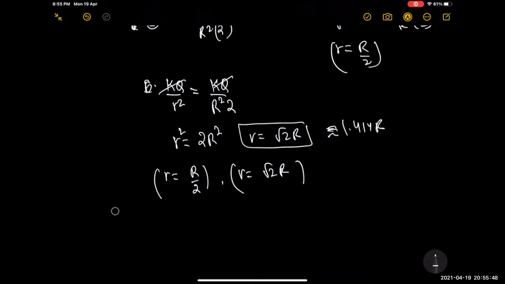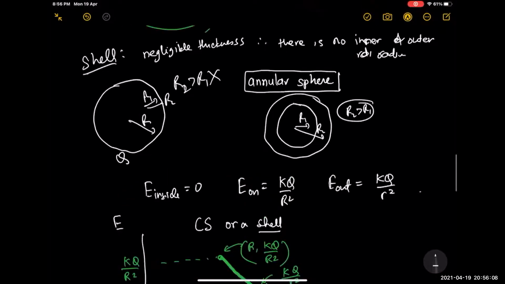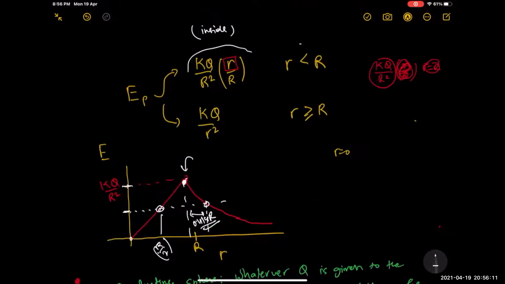Yes. Anyone? Sir, I didn't get the part about r square being equal to 2 R square. See, for the inside point, what is the electric field? It is this, right? For the outside point, it is this, right? What I want to find is at which inside point the electric field is half of the surface value.